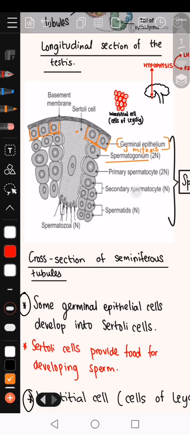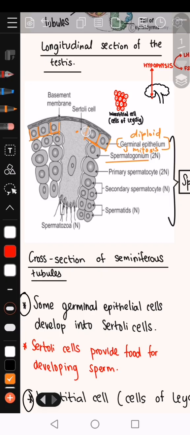Then this diploid spermatogonium will grow and develop into a diploid primary spermatocyte. So the diploid germinal epithelium undergoes mitosis and forms diploid spermatogonium. The diploid spermatogonium then undergoes growth and forms diploid primary spermatocytes.